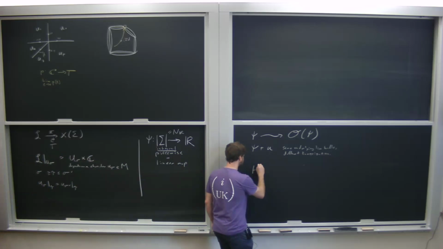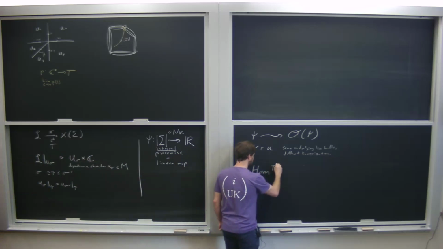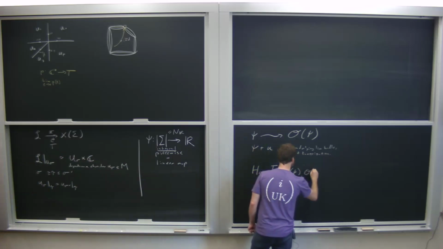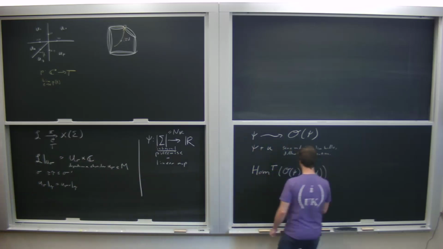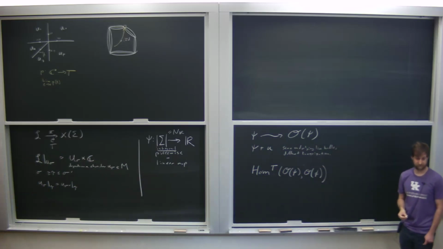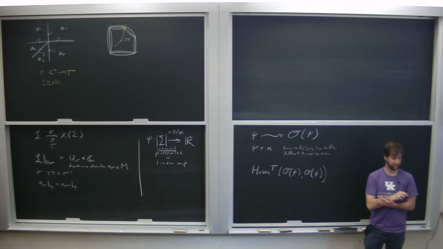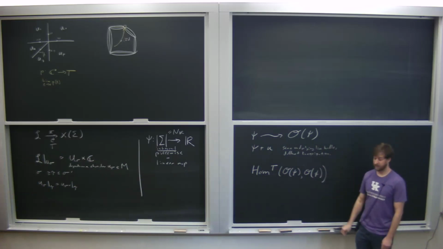We can also use this description to describe the category of T equivariant line bundles. What I mean by this is a T equivariant map between these invertible sheaves, if you like.